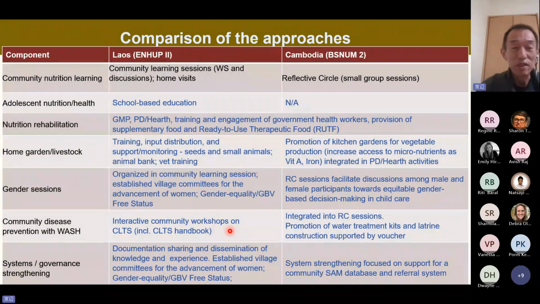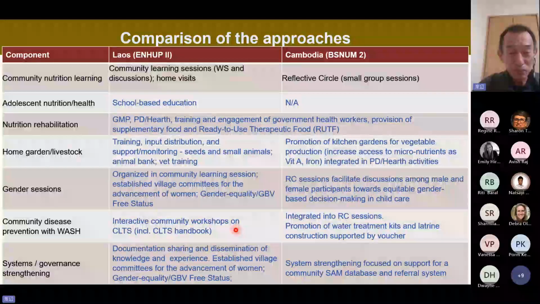It was quite successful in Laos in promoting awareness about the importance of hygiene and sanitation, but it also created demand for sanitation facilities. So it was a quite effective approach for demand creation.